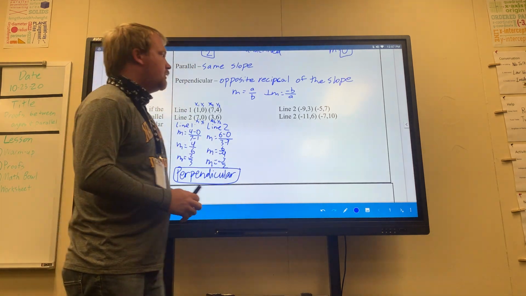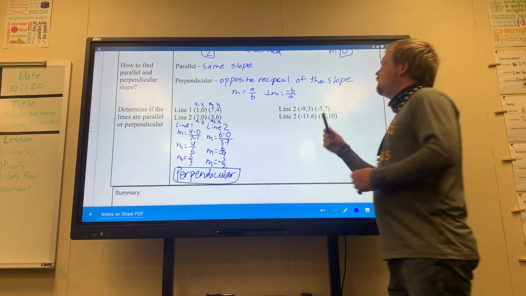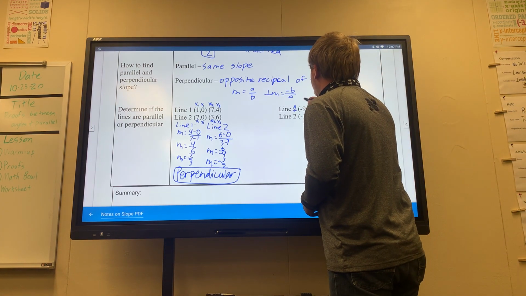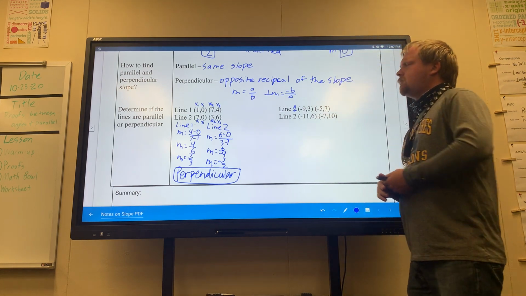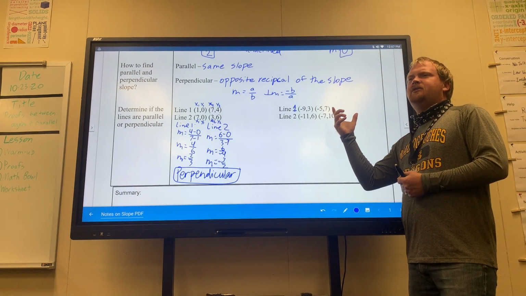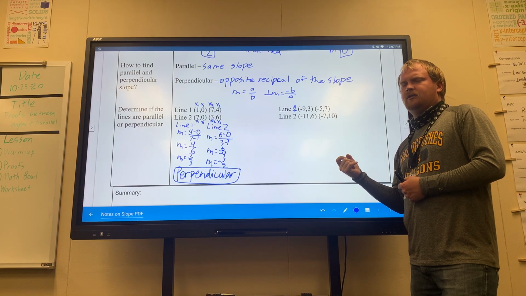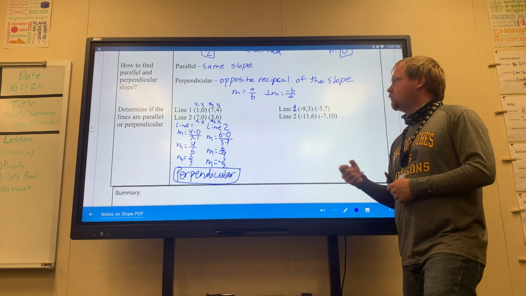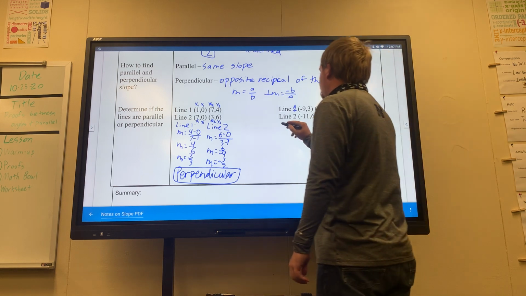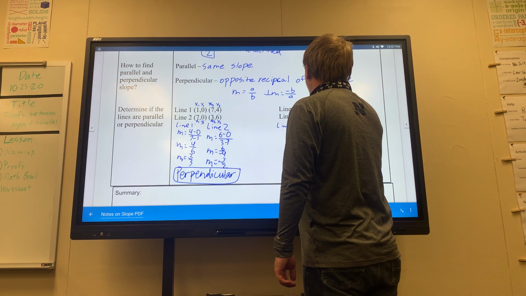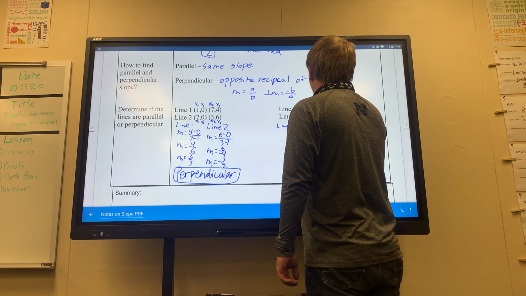Okay? Now, next thing I want to do, this is a typo, but I want to be able to identify two different lines and figure out the parallel and perpendicular. So remember, for line 1, label them as x1, y1, x2, y2.